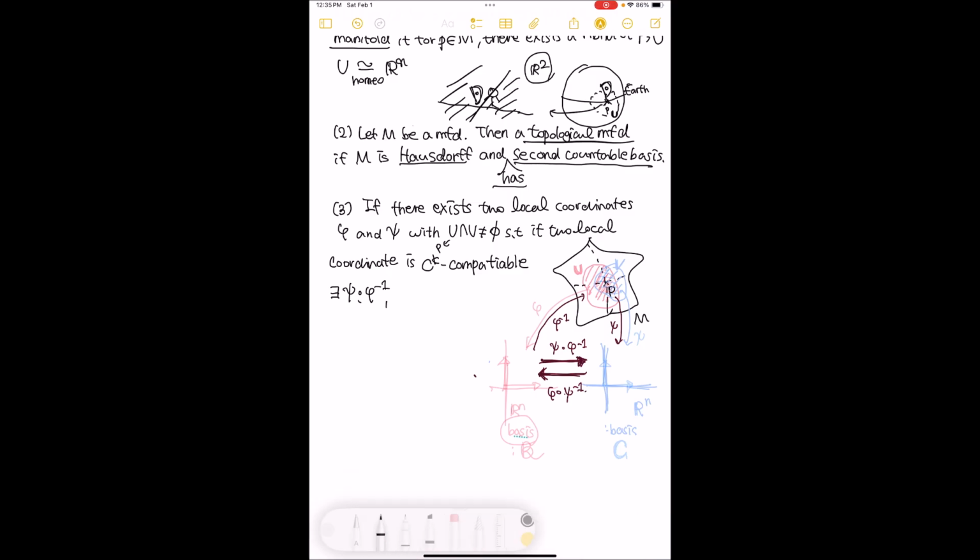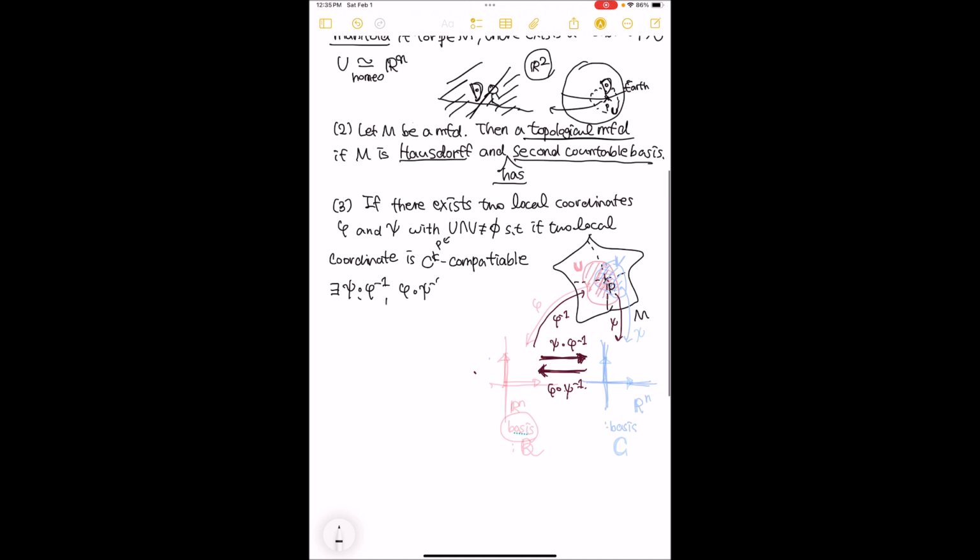So there exist two maps such that these two exist. Then we call M a C^k differentiable manifold.